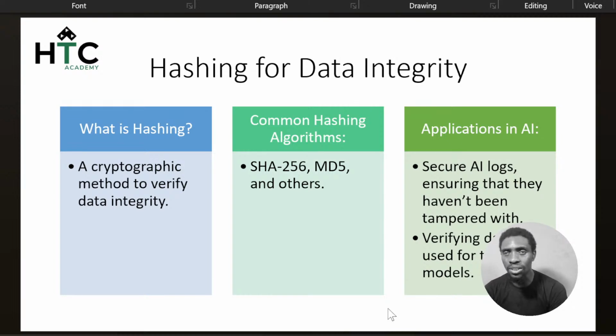We need to audit the system to know who accessed what data, what data has been tampered with, and who logged into the server that controls all the data. These are all the components that we need to secure and verify. So a secure AI log is important.